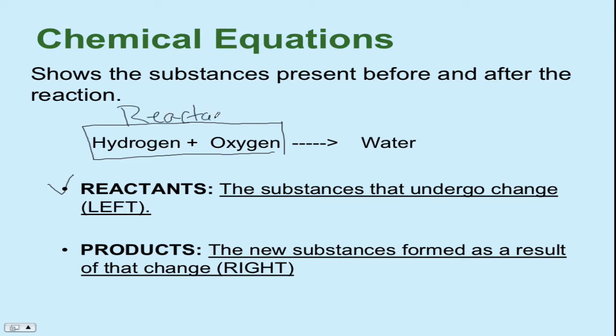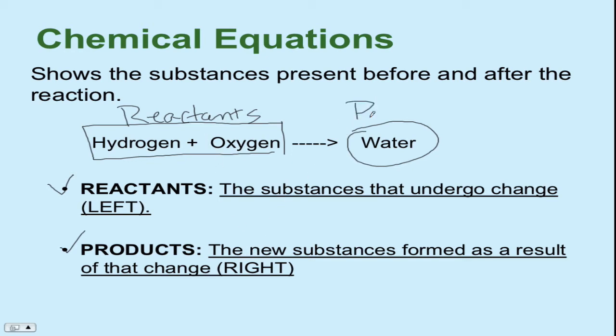They are going to bond together covalently. They're going to change their properties a little bit. When they come out of this reaction, they're not going to look like hydrogen by itself and oxygen by itself anymore. What we get out of the reaction is always on the right-hand side. Those are my products. That's a brand new substance formed as a result of that chemical reaction or chemical change.